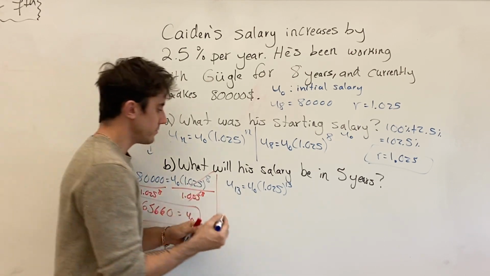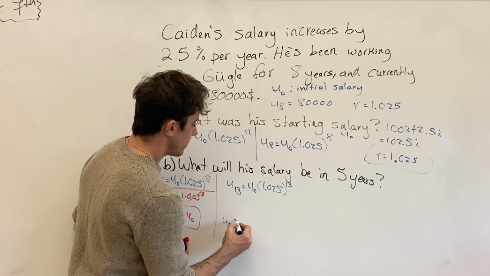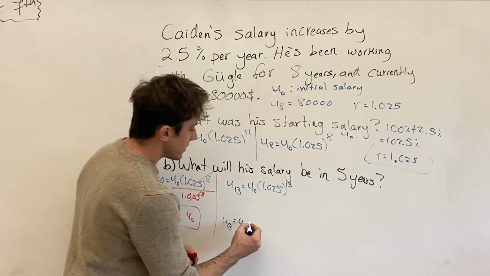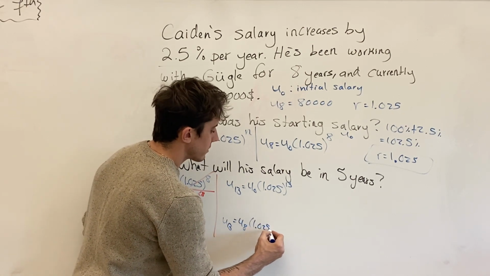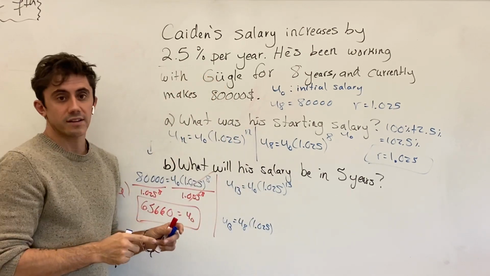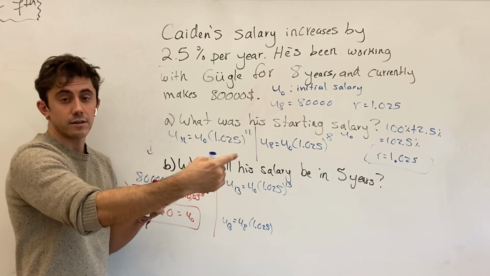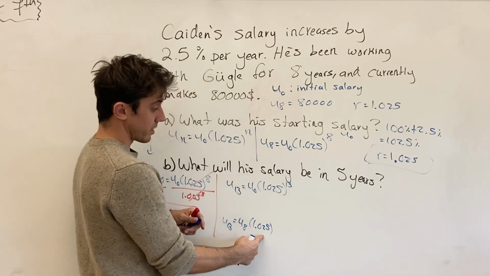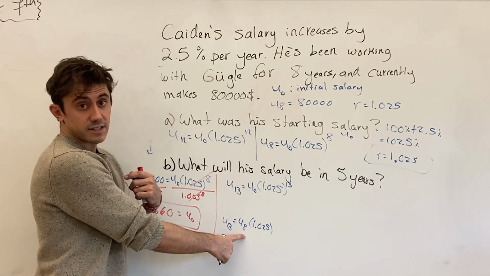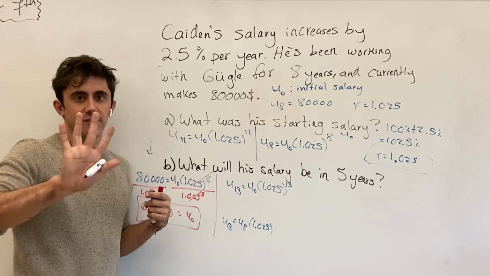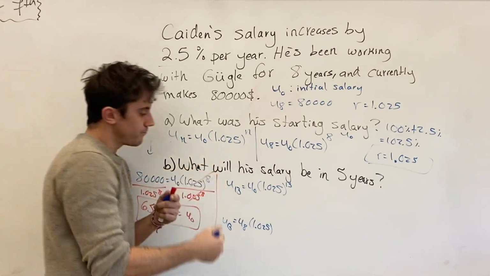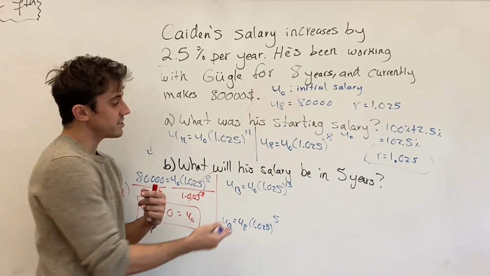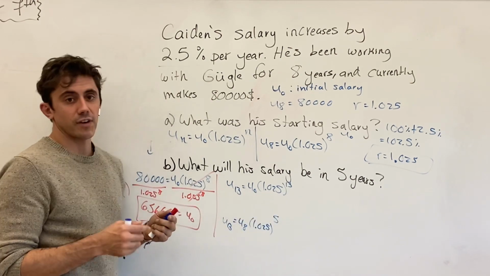We can write U13 equal to U8, which we know, times 1.025 raised to the power of 5, because there will be 5 years' worth of salary increases between his 8th and 13th year. This should give us exactly the same value for U13.